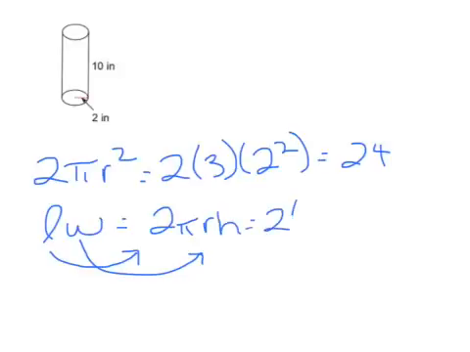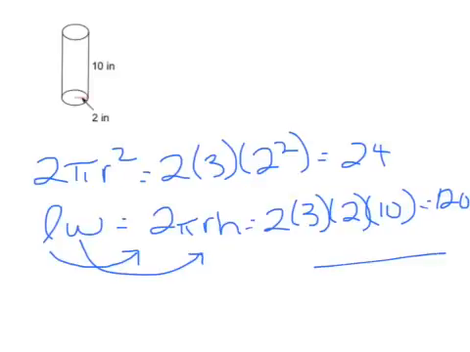So 2 times 3 times 2, your radius, times 10, which is your height. 2 times 3 is 6, 6 times 2 is 12, and 12 times 10 is 120. So then we just need to add 120 plus 24. I end up with 144 inches squared.